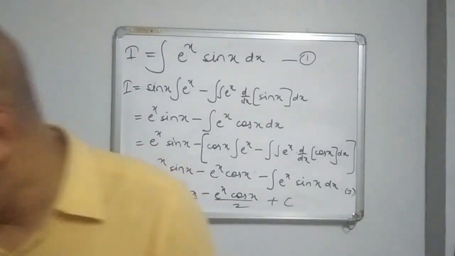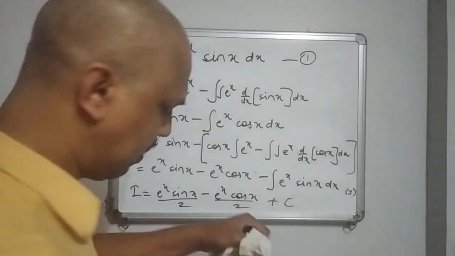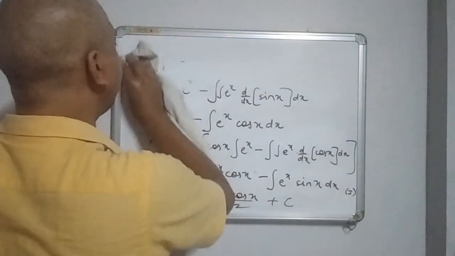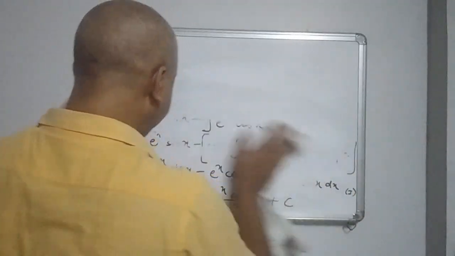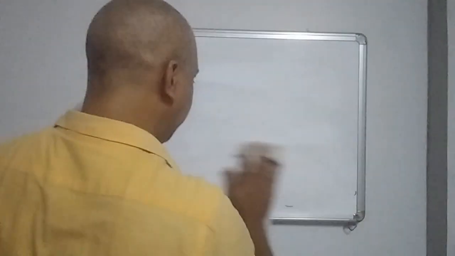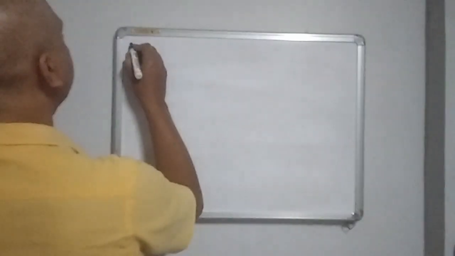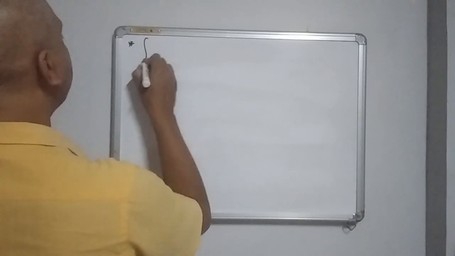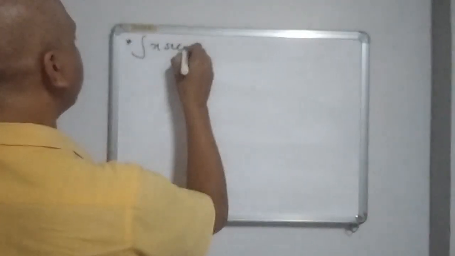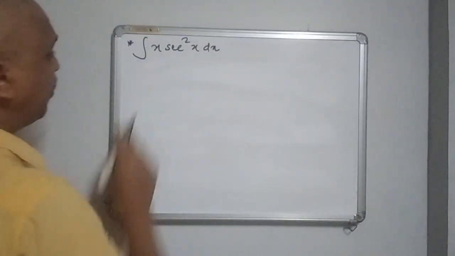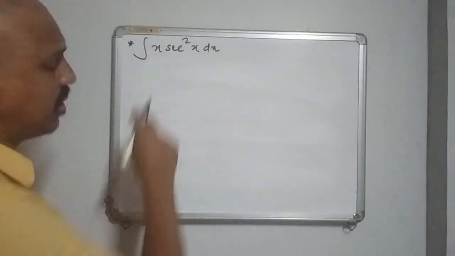We'll solve one more problem of similar kind. Let's solve a simpler problem, but based on trigonometric functions. Integration of x sec square x dx. Now this sec square x, we don't have to worry about because integration of sec square x is allowed.